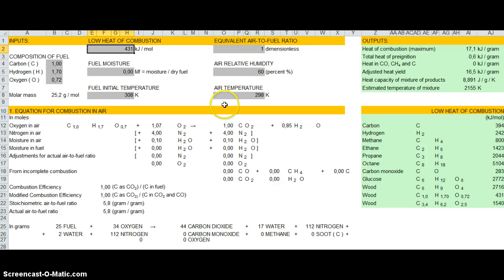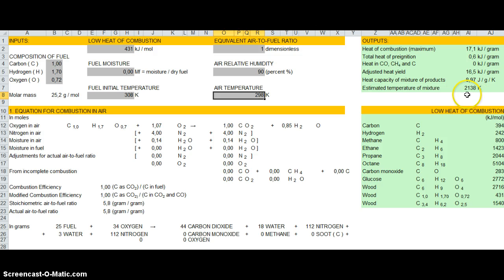But a different thing is with the relative humidity of air and air temperature, and they are both very well correlated. So if you change the relative humidity of air from 60% to, let's say, 90%, this value decreases significantly.